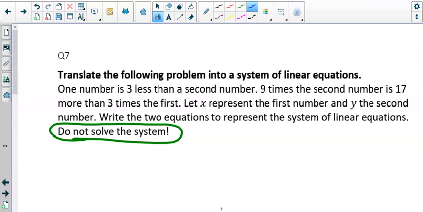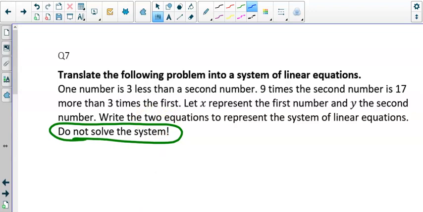Okay? So if we look at this, it says one number is 3 less than a second number. Right away I know this is translation. I see words like less than, I see is another word for equals. The second sentence says 9 times the second number is 17 more than 3 times the first. So right away, I'm seeing mathematical words that I need to translate.